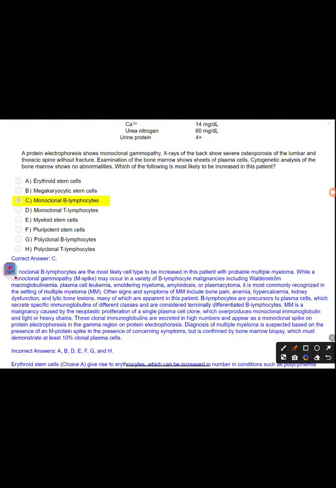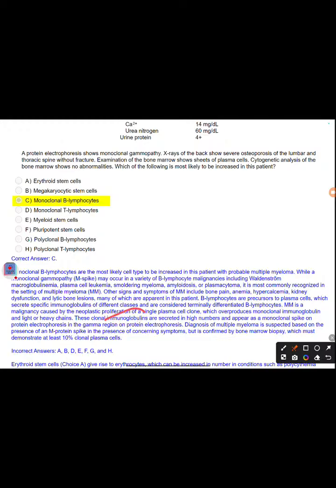B lymphocytes are precursors to plasma cells, which secrete specific immunoglobulins of different classes and are considered terminally differentiated B lymphocytes. Multiple myeloma is the malignancy caused by neoplastic transformation of a single plasma cell clone, which overproduces monoclonal immunoglobulin and light or heavy chains.